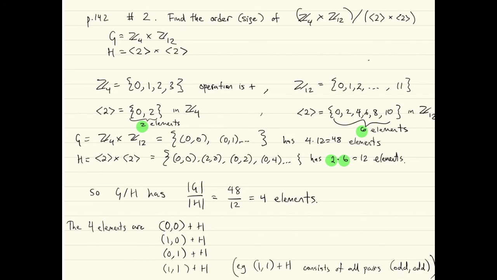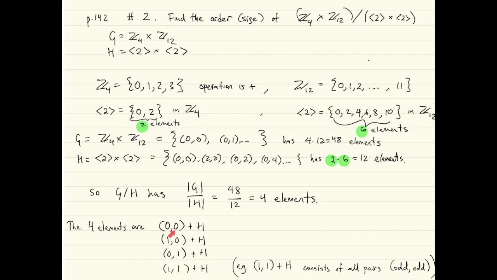Now, why are these the 4 possible distinct cosets? Well, for example, 1, 1 plus H is the coset consisting of all the ordered pairs in G that are an odd number comma an odd number.